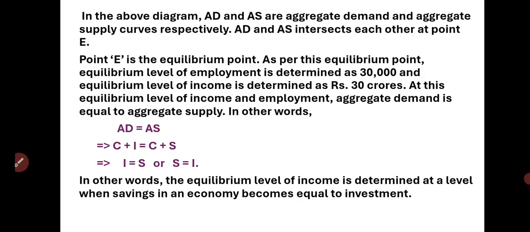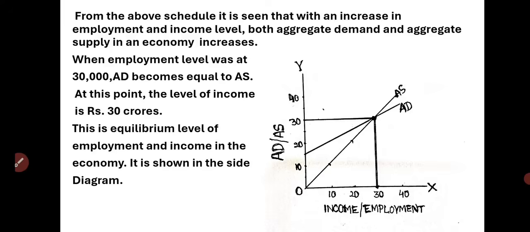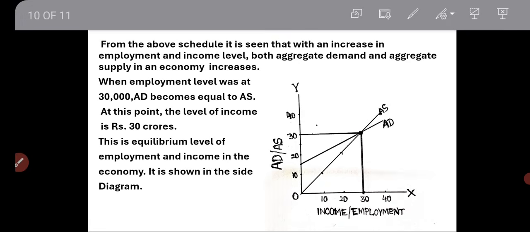You see, in the above diagram, we have written the aggregate demand and aggregate supply curves respectively. AD and AS intersect each other at point E, right. Point E is the equilibrium point.